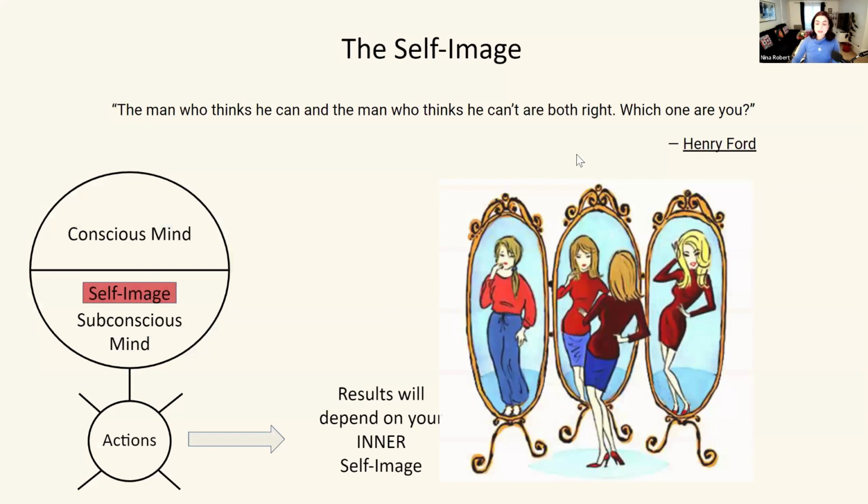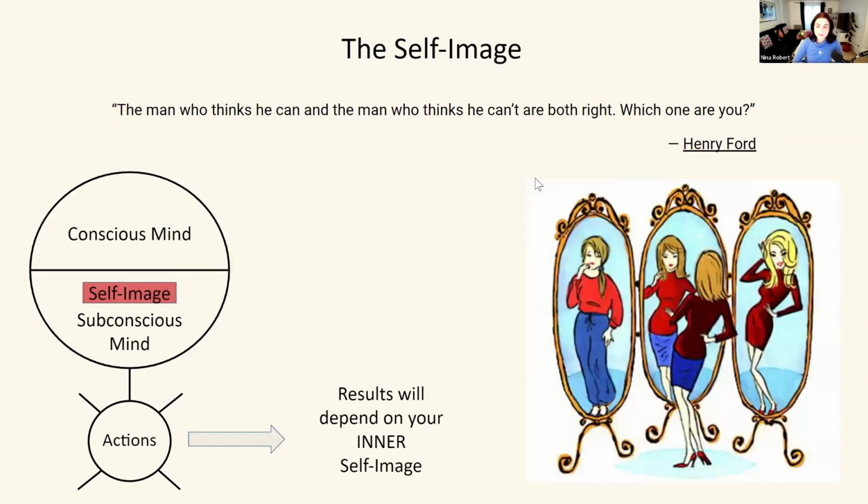All right. So here's an interesting picture of a girl looking at three sides of the same image, three sides of the mirror. On the right side, she's looking at the image that she thinks she's projecting to the world, the image of self-confidence, glamour, positivity, whatever it is that she thinks she's projecting.